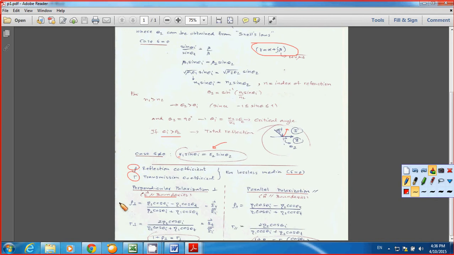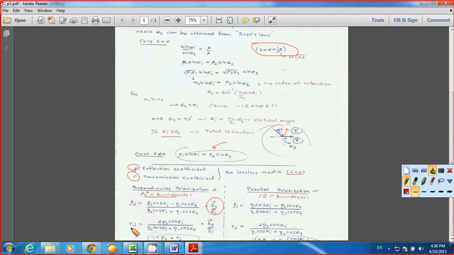And without any proof, by using math, I'm going to show you the equations get more complicated. So for perpendicular polarization, your rho perpendicular is going to have eta 2 cosine theta I, but it still becomes the ratio of the reflected electric field divided by the incident electric field.